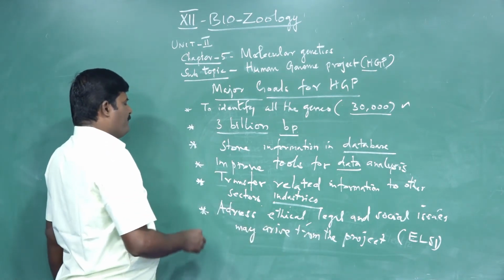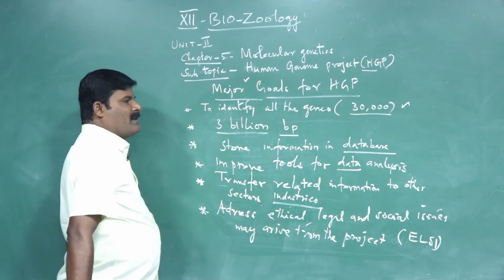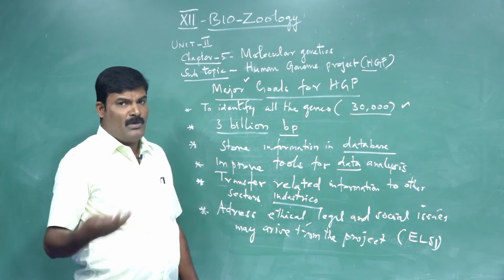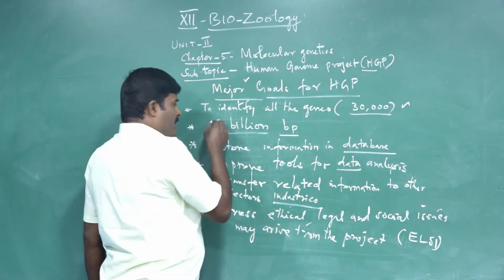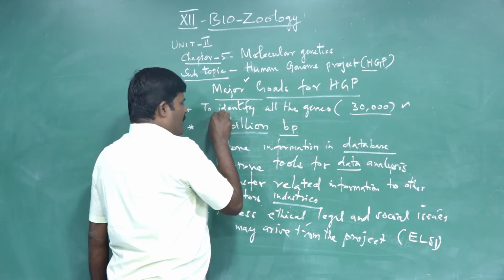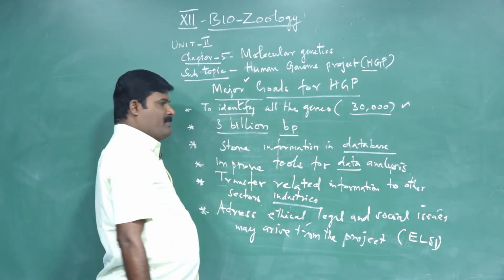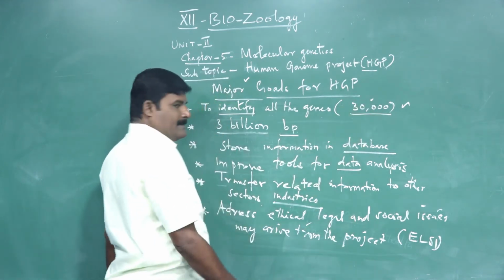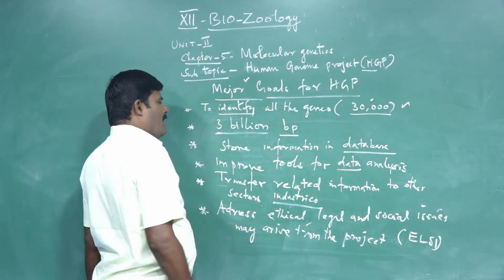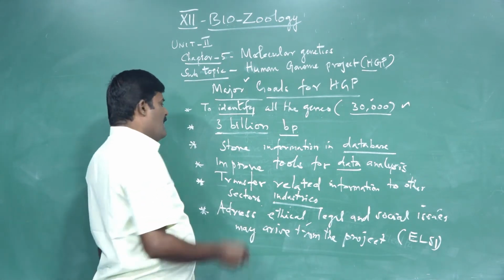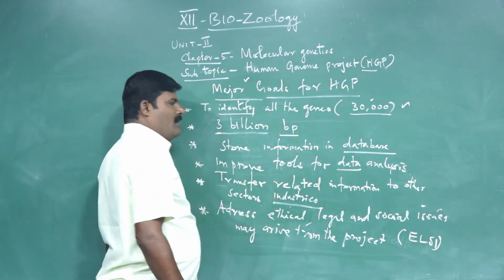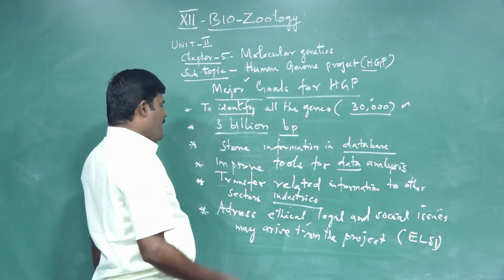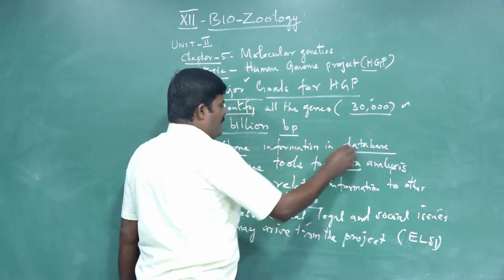So I repeat, what are the major goals for HGP? It may ask a 3 mark, 2 mark, or even a 5 mark question. The first important point: through HGP, identify all the genes, that is 30,000 genes. The second point: to determine the sequence of 3 billion chemical base pairs that make up human DNA, and store the information in databases.